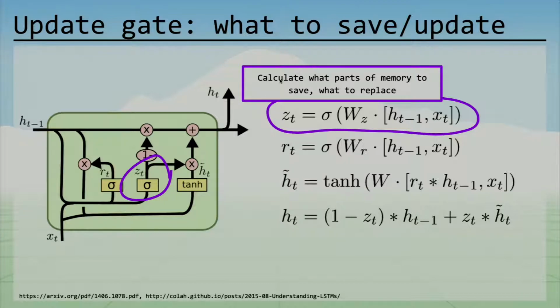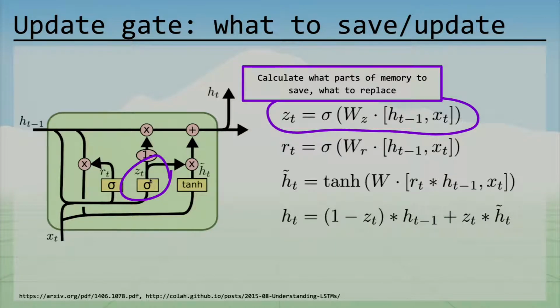Next, we're going to calculate what parts of our memory to save and what parts to replace. To do this calculation, we're going to use our previous memory, h sub t minus 1, and our inputs. And again, we have some activation function, our logistic activation function, which will give us numbers between 0 and 1.